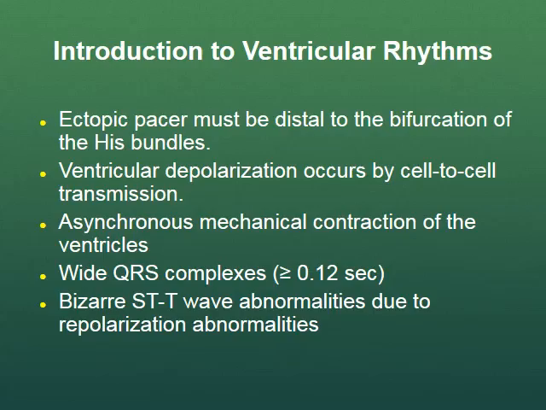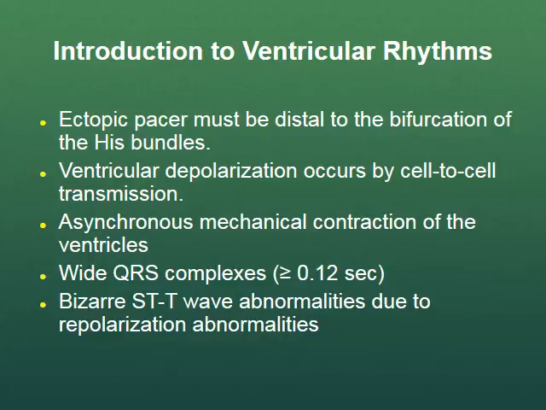As we're talking about ventricular rhythms, know that we're talking about rhythms that arise inferior to the bifurcation of the bundle of His. You guys remember after the AV node we have the bundle of His where everything's still together, and then we split off into the right and left bundle branches.